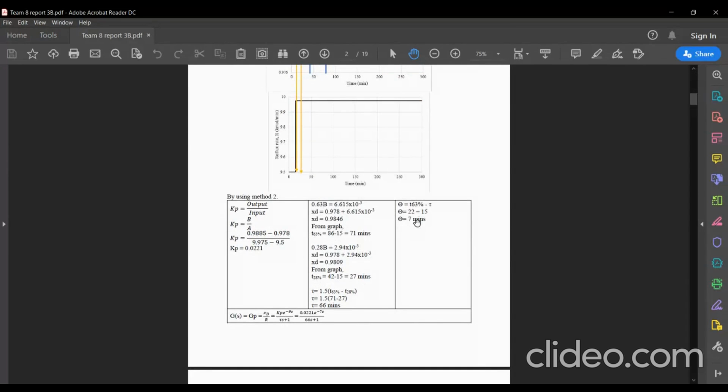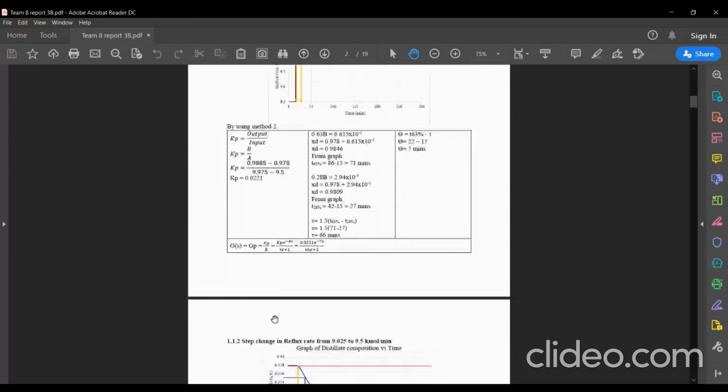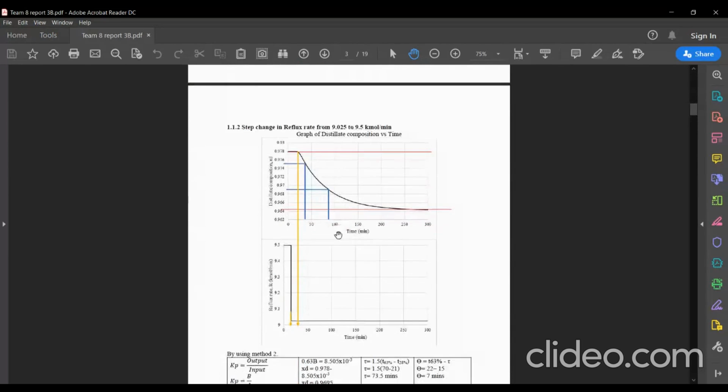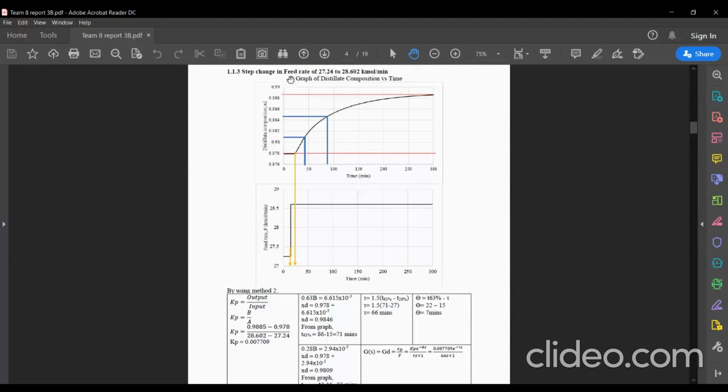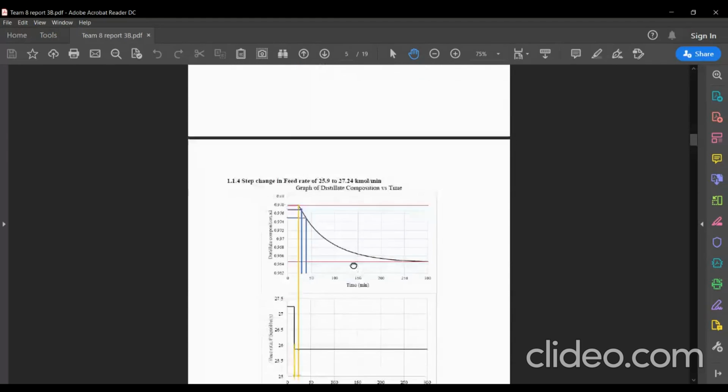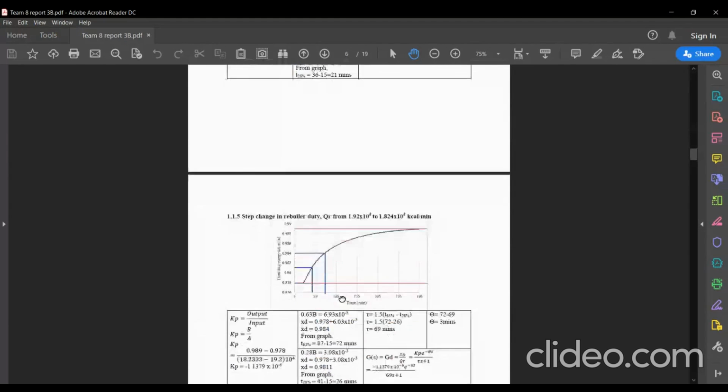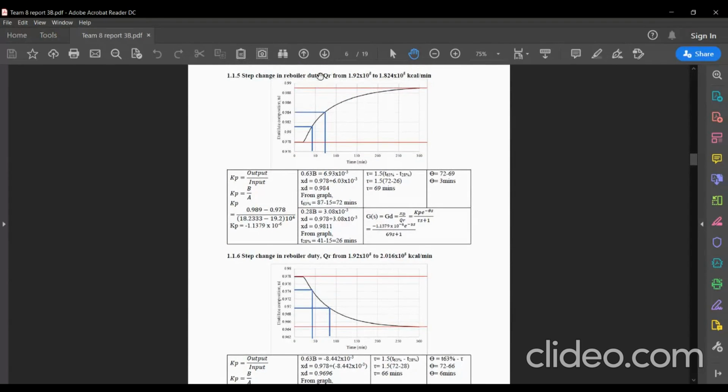The 3 parameters are then substituted to get a transfer function, which is XD over R. The same goes for the next 2 step changes: for the feed rate, XD over F, and for the reboiler duty, XD over QR.